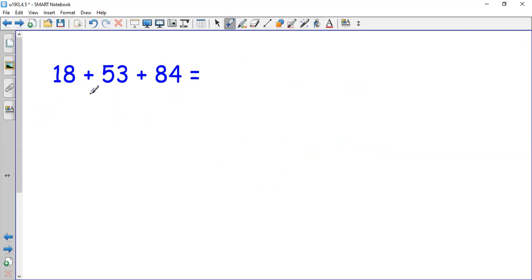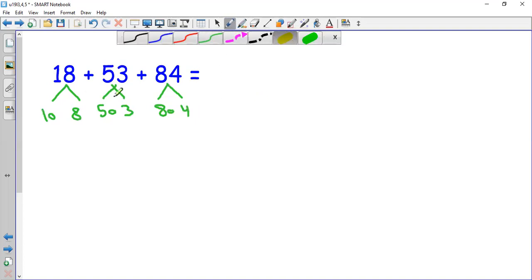Another example. First, let's partition the three two-digit numbers: 18 as 10 and 8, 53 as 50 and 3, 84 as 80 and 4. Now, let's group tens together. I have the tens here: 10, 50, and 80.